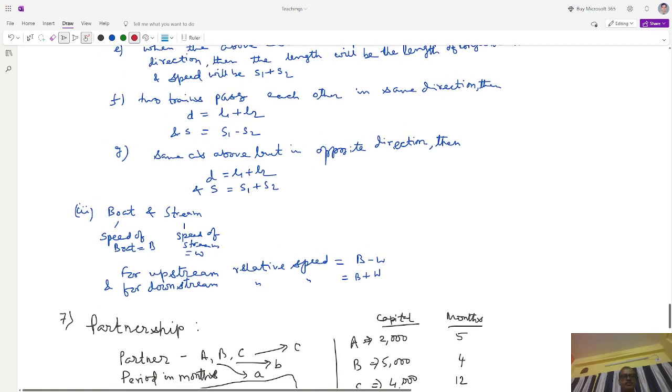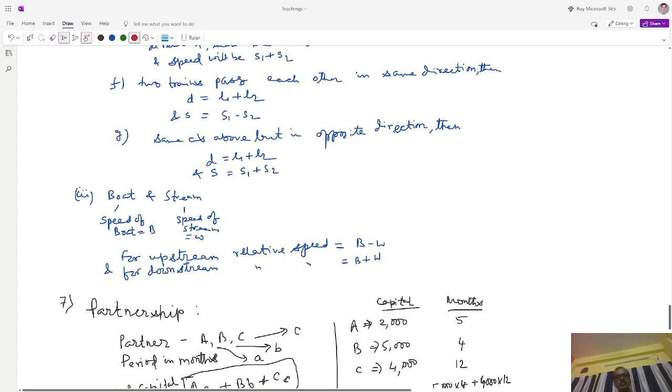For boat and stream problems, if the speed of the boat is B and the speed of the stream is W, then for upstream the relative speed equals B minus W, whereas for downstream the relative speed equals B plus W. Okay, it is very easy, because the stream resists the speed of the boat if the boat goes upstream.